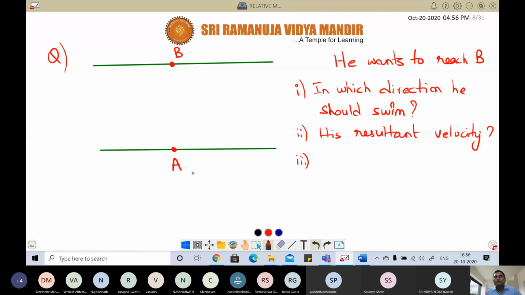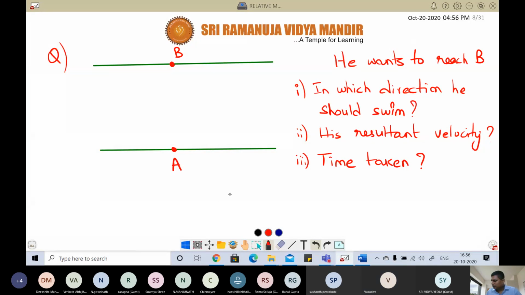That's why I'm not giving the values of velocity of river and velocity of man. Third one is how much time he will take. Which case is this? Can anybody tell? Shortest distance case, sir. Shortest path, correct. Because he's just going towards B.